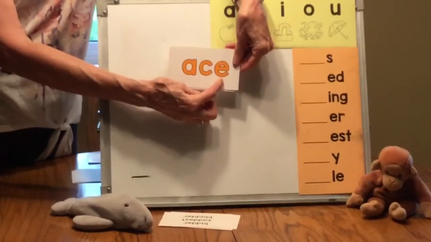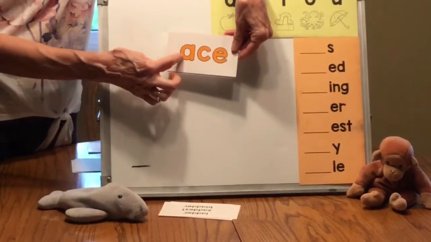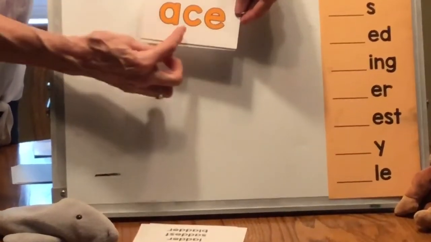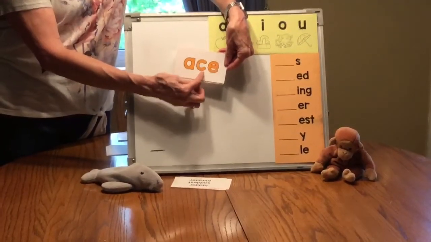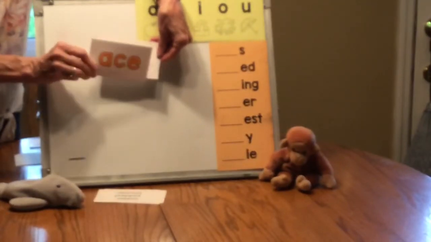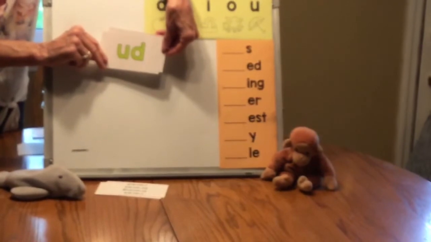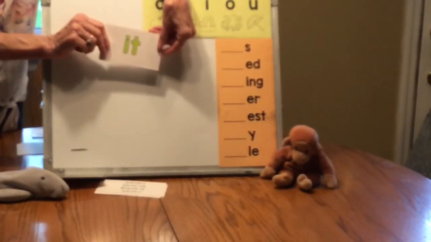Oh, we have a silent E. So remember, we're going to use flippy dolphin. Instead of making a short A, we want to change that to a long A. And remember, C-E, C-I, C-Y from last week. The C will make the S sound. So that would be ace, ace, ace. Ud, ud, ud. It, it, it.